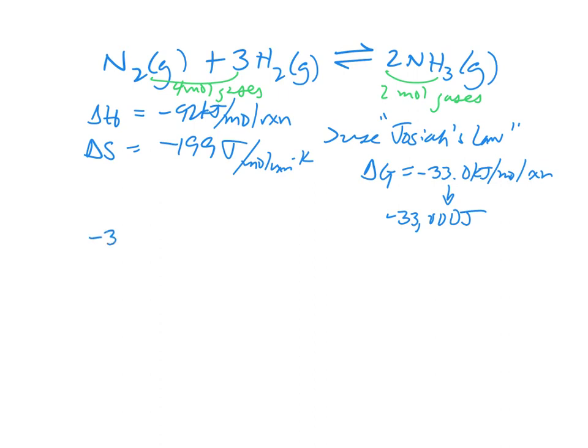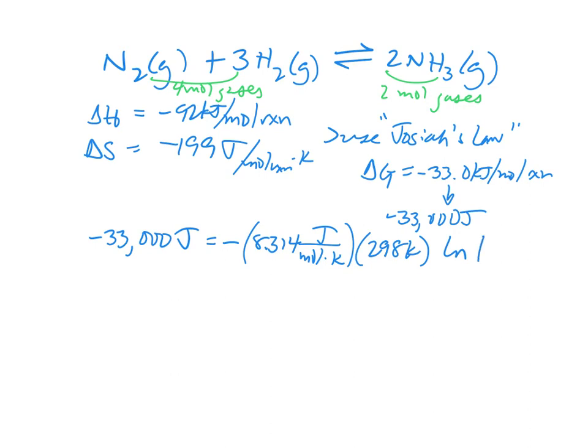So if we plug in negative 33,000 joules for delta G equals negative 8.314 joules per mole Kelvin times 298, if we keep it under standard conditions, times natural log of K. That would mean the natural log of K is those numbers divided by each other. 33 divided by 24, I did this earlier, I think it's around 13. The negatives divide out, and then you get a value there of around 13, I believe.